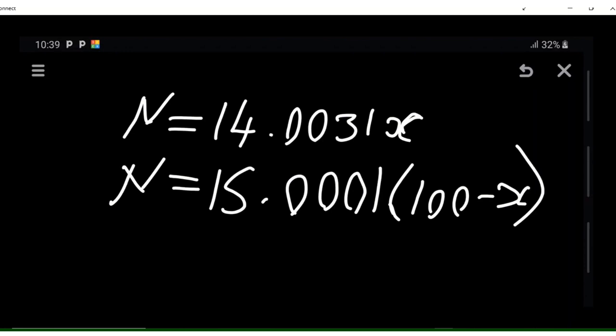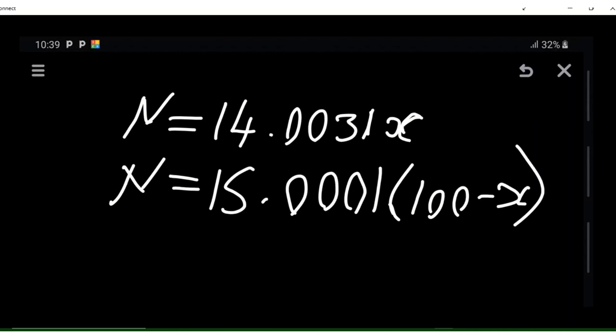Because we don't know X, we put X to the first one, which has the biggest abundance.